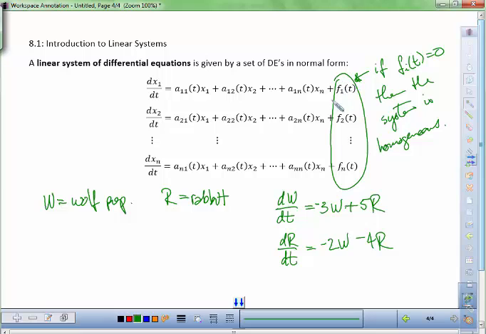And then this is going to be your function on the other side that would make it either homogeneous or non-homogeneous. So in this case, since our functions only depend on R and W, and there are no other functions like a sine or a cosine or t squared out here, we're going to assume that this is an example of something that's homogeneous. Okay?